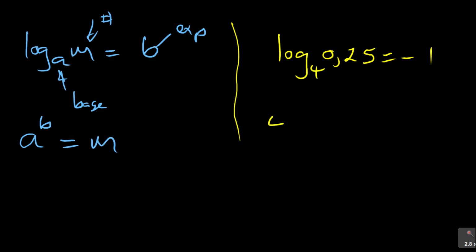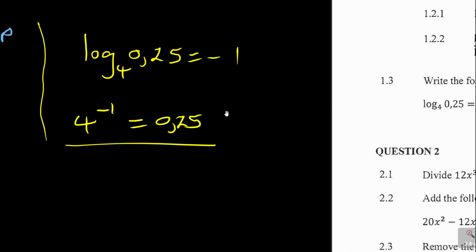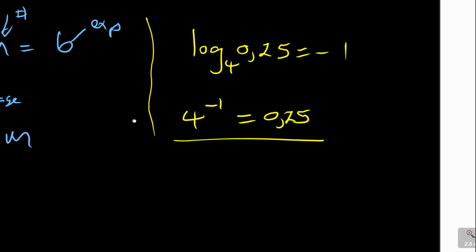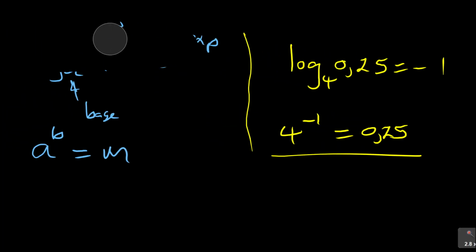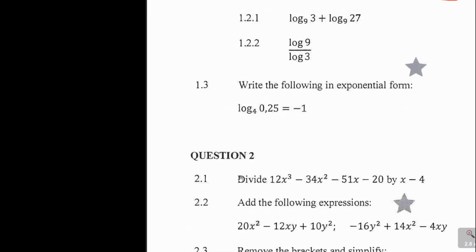We take 4 to the exponent minus 1 is equal to 0.25. And what was the question? The question was write the following in exponential form. There, we've got an exponent done. Difficult? Nope. Easy? It's up to you to say, but it's not difficult, okay? How many marks was that? That's why it was 2 marks.